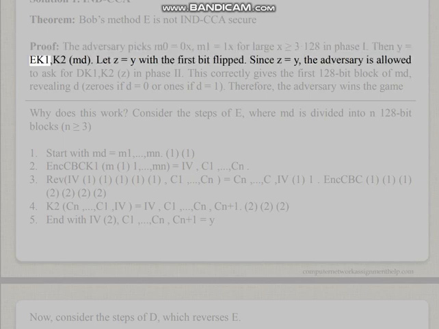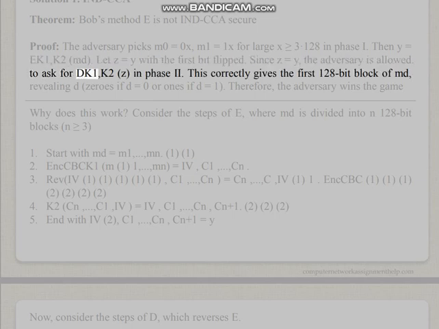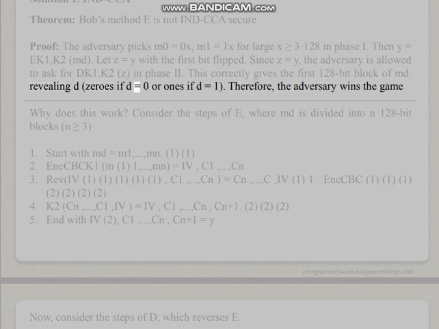Then y = E(K1, K2, Md). Let z equal y with the first bit flipped. Since z is not equal to y, the adversary is allowed to ask for D(K1, K2, z) in phase 2. This correctly gives the first 128-bit block of Md, revealing d: zeros if d equals 0 or ones if d equals 1. Therefore, the adversary wins the game.